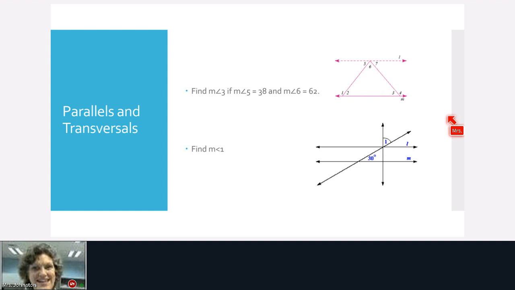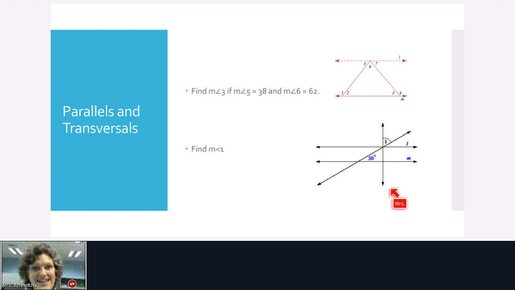It creates 2 sets of 4 angles that all have a relationship with each other. They're either equal to each other or supplementary. It also has a second line that's perpendicular to both of those lines that's going through and creates its own set of angles. From the measure of one angle, we can determine all of the others.